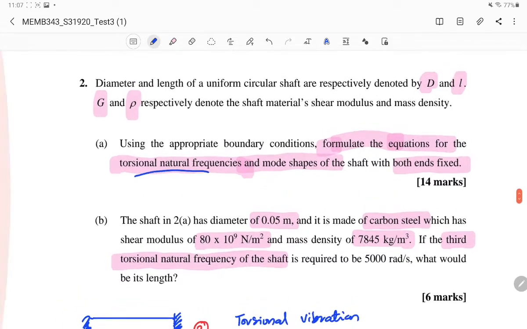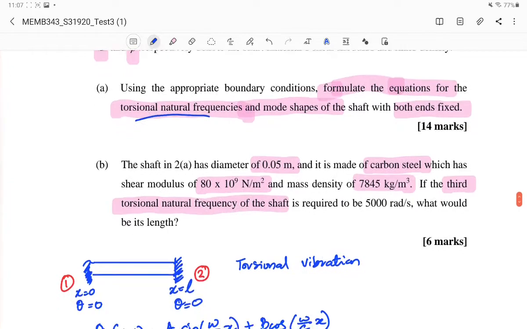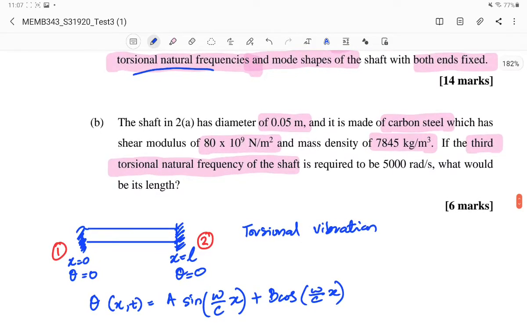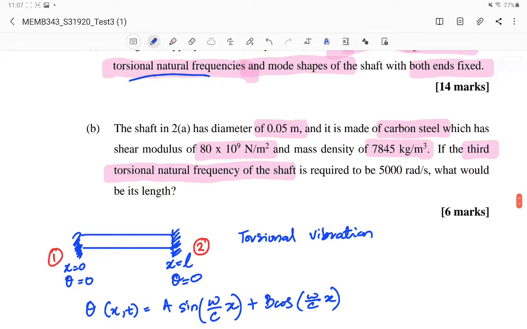So let us go ahead and derive part A first. You can see here I already have it drawn as such, because it says both ends are fixed, so we know that at x equals 0, you do need to define where you define your x. Remember, x is the position on the shaft in this case, and theta is your displacement because it's torsional.